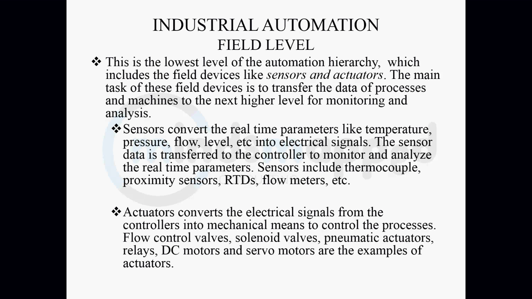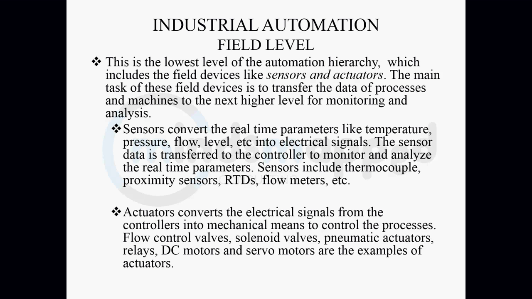The sensors convert the real-time parameters like temperature, pressure, flow, level, etc. into electrical signals. The sensor data is transferred to the controller to monitor and analyze the real-time parameters. So this again is basically the same example. You had the temperature sensor there, which is sensing the hot water temperature and then passing on in the form of an electrical signal to your controller.